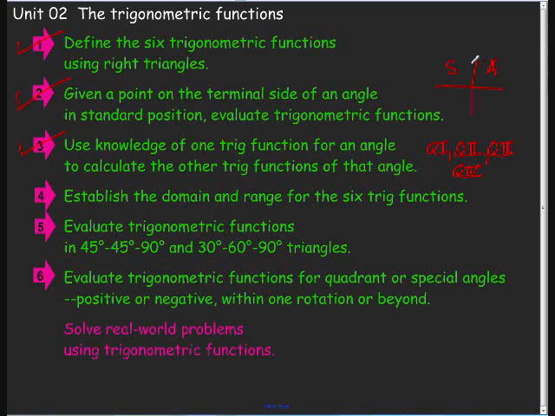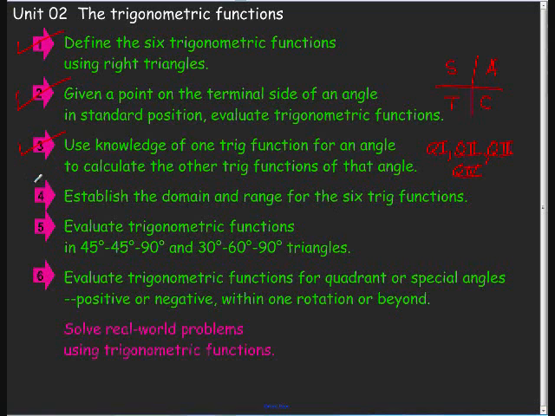Sine and its reciprocal partner, cosecant. Tangent and cotangent. Cosine and secant. So all positive here. So remember this is All Students Take Calculus, or as we say, All St. Thomas cousins, going right around counterclockwise.